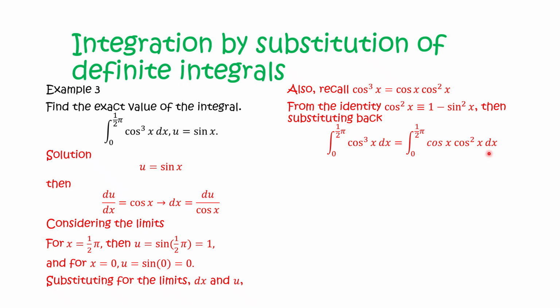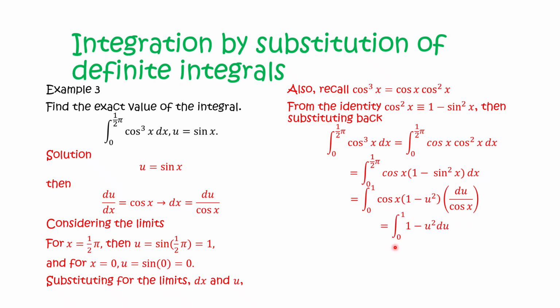And now that can be substituted where we had cos squared x. We have 1 minus sine squared x. And in that, we move on to substitute for the values of u. We also substitute the limits so that we get the integral from 0 to 1 of 1 minus u squared du.